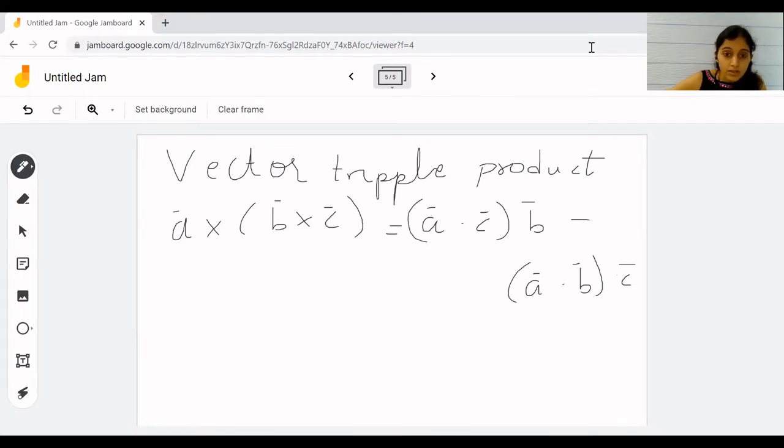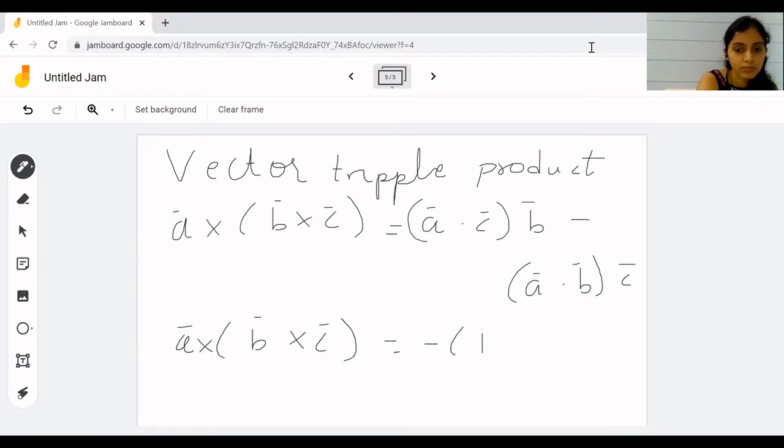Now, properties of vector triple product. Is it commutative? That is, can we write their order as opposite and get the answer? So that is negative. That is, A bar cross B bar cross C bar is equal to minus of B bar cross C bar cross A bar.